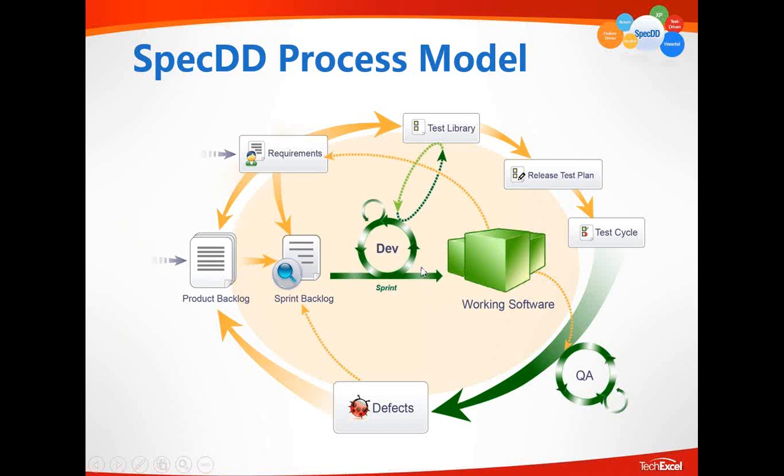It contains the development process, which is more like Agile, where a set of product features and defects get committed as the sprint backlog. The SpecDD Agile team works on a daily basis to drive such features to become working software. They do have the daily stand-up meetings, and the working software gets created.